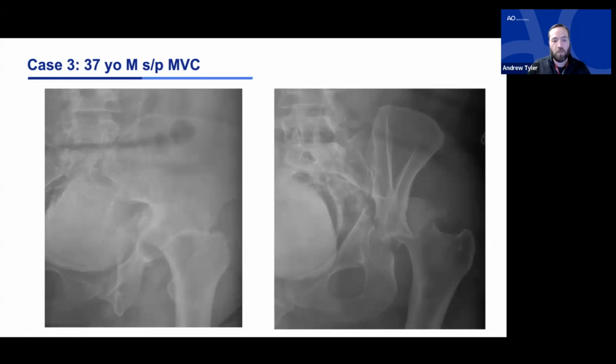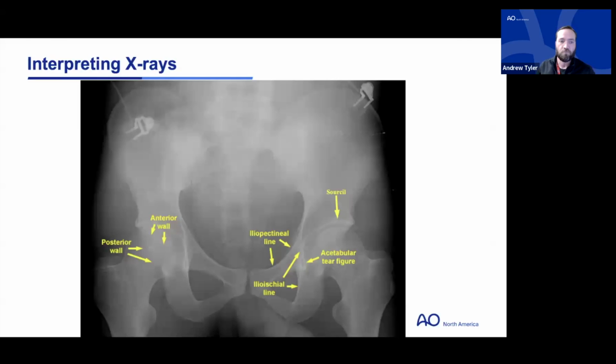On the left, we're looking at our iliac oblique. And while it's a little hard to see, we can actually see that there's some step up of the posterior column, because again, the iliac oblique is showing us the posterior column and the anterior wall. And so this is going to be one of those associated patterns that we're talking about, as opposed to the elementary patterns of just the posterior wall.